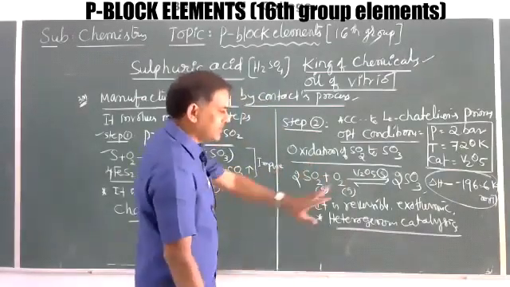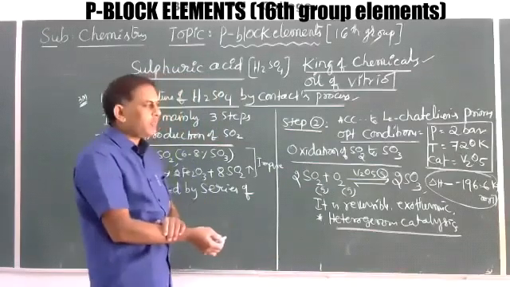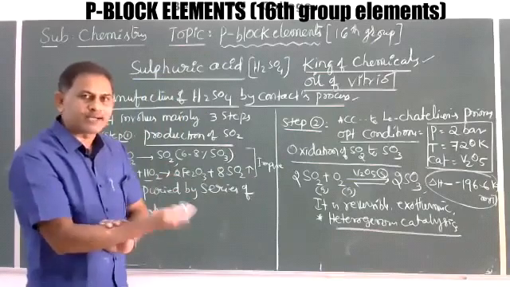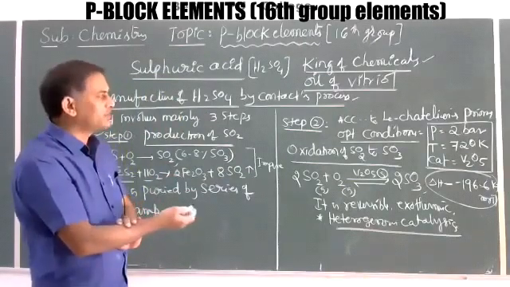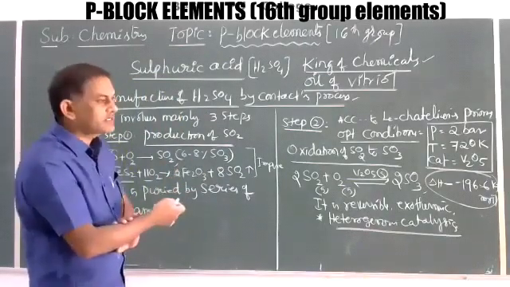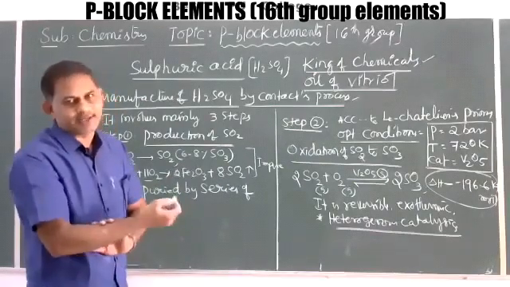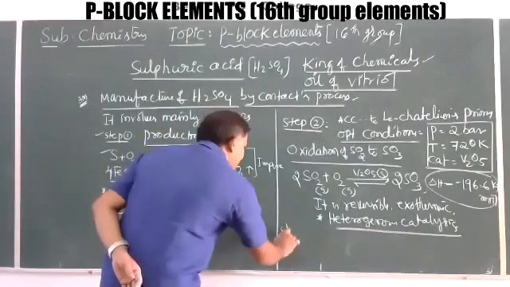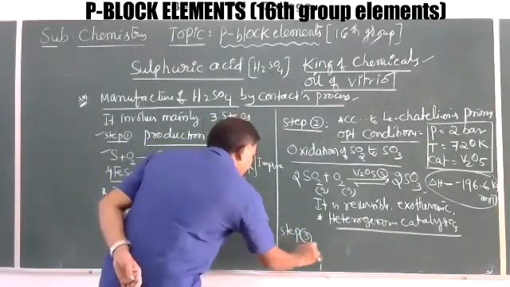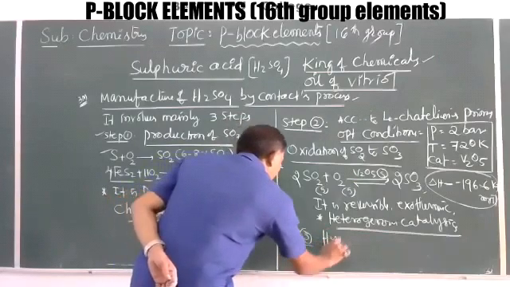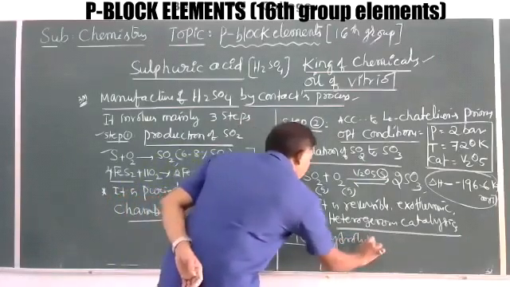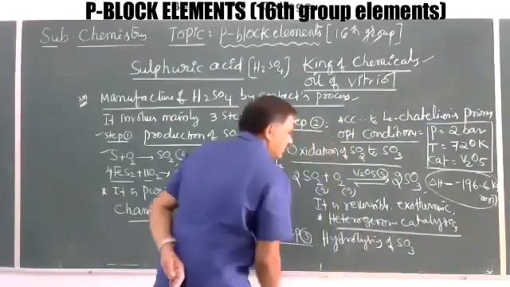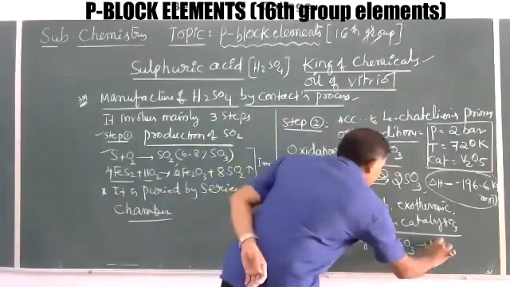So in the second step, sulfur dioxide is converted into sulfur trioxide. Then finally, the third step is that sulfur trioxide is converted into sulfuric acid. That is step 3, hydrolysis of sulfur trioxide. Generally, it is not possible.